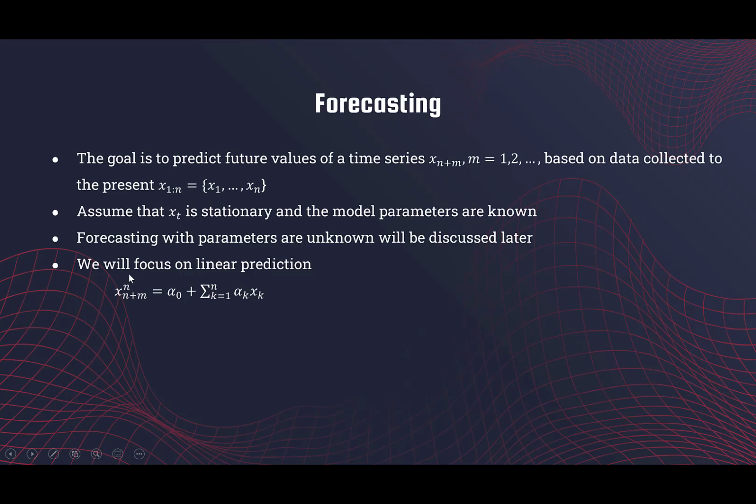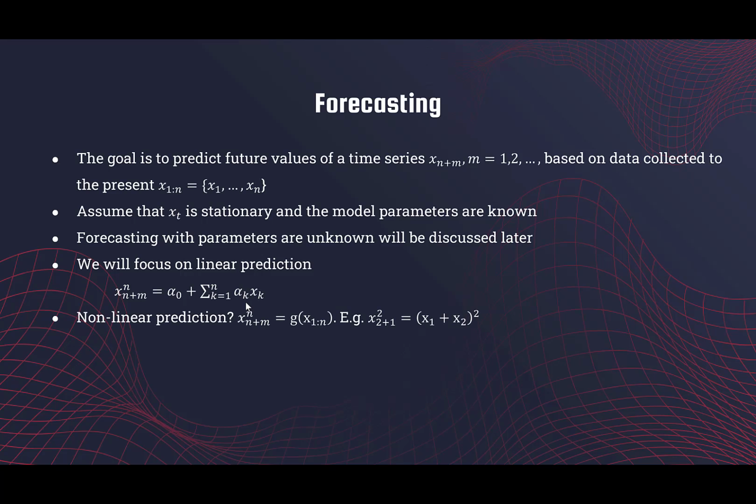The superscript is the available data points, and the subscript is what time in the future we want to forecast. So we will use linear prediction, that means we'll use a linear function of all of our data. You can see this is a linear function, this is the intercept, and this is the slope. This very much looks like the linear regression that you have probably studied by now.